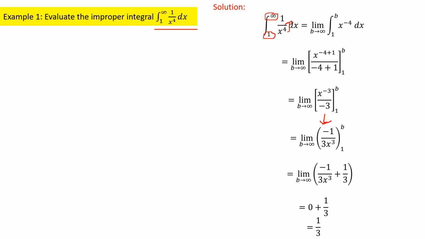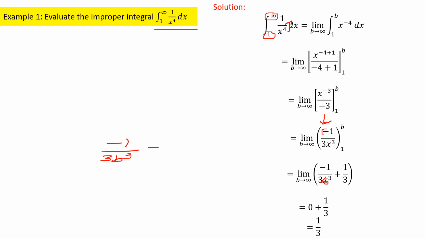Now substitute the upper value and lower value. In place of the upper value, we have b. So this will be minus 1 over 3 times b to the power 3. And we have to substitute the lower limit. Before the lower limit, let me write a minus sign.